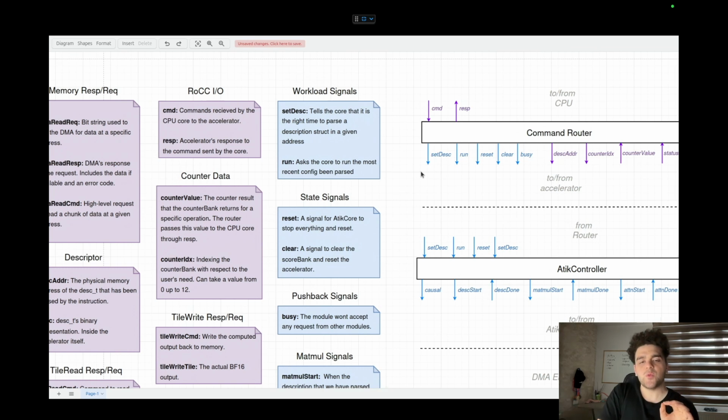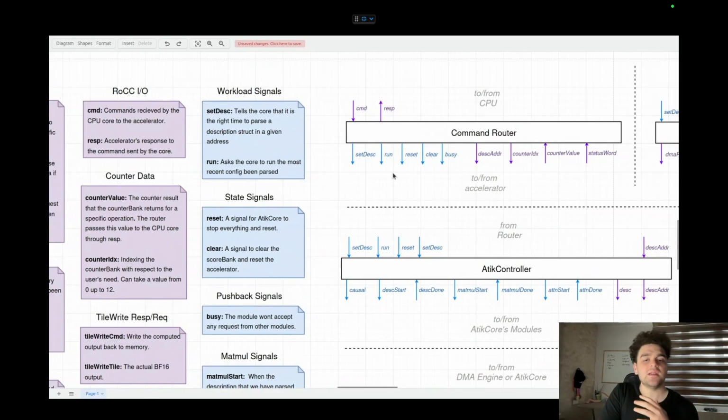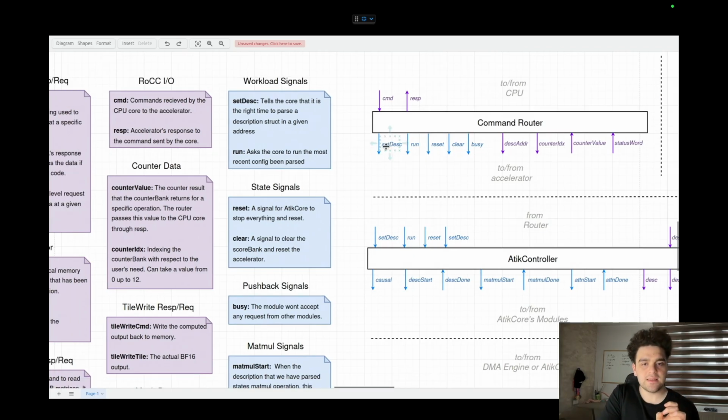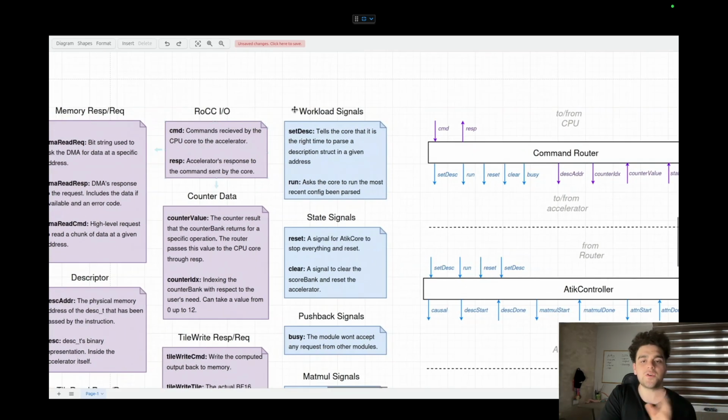Control signals will have a single bit, but this single bit can change the whole state of the accelerator. If the command router tells the accelerator it is now the right time to run the given description, a lot of things can change. Each of these signals and data paths are defined here for convenience.